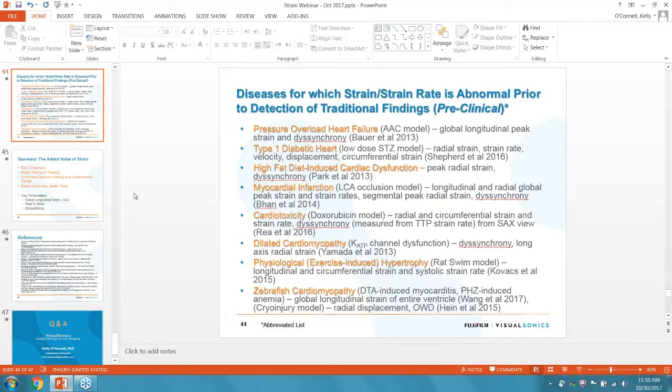That actually leads to a little bit more of a technical question. I can sort of half answer it, but then I'll toss it to you, Kelly. There was a question that came in about the current version. The current version of the strain software provides the global longitudinal and the global circumferential strain, but not a global radial strain measure.